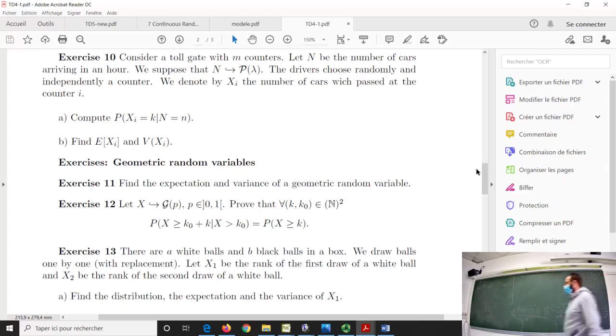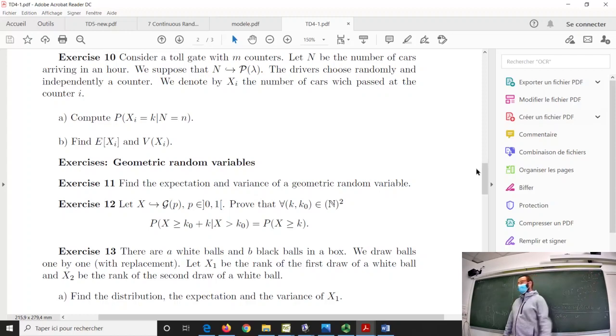And the number of cars I have here follows a Poisson distribution of parameter lambda. Of course, it is not fixed. It depends on the months, it depends on the days. But we suppose that it is a Poisson of parameter lambda.